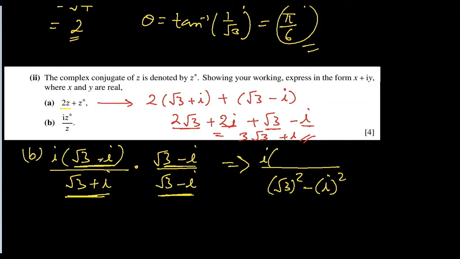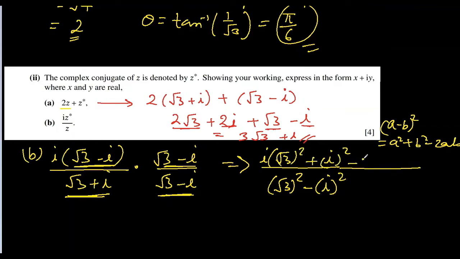It will be the square of square root 3 minus i, so a minus b whole square. Let me remind you, if you want, it is a square plus b square minus 2ab. So we'll write a square, square root 3 square, plus b square, i square, minus 2 times square root 3 times i.